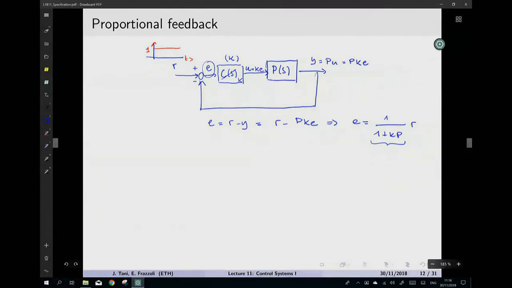Any suggestions? What do we know about our steady state response given a sinusoidal input, for example? Gain, exactly. So a constant input 1, what kind of sinusoid is that?